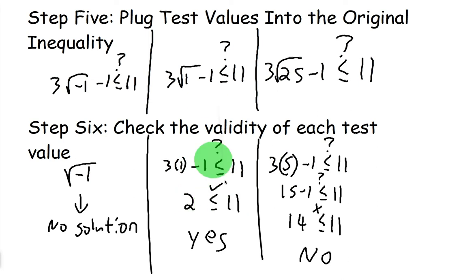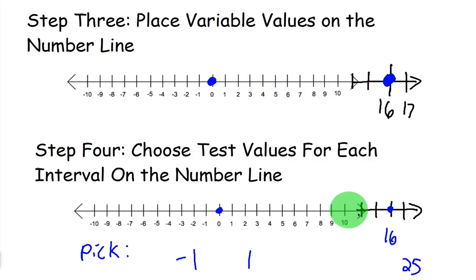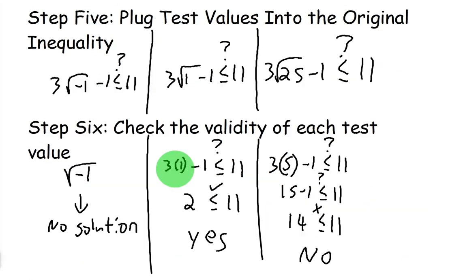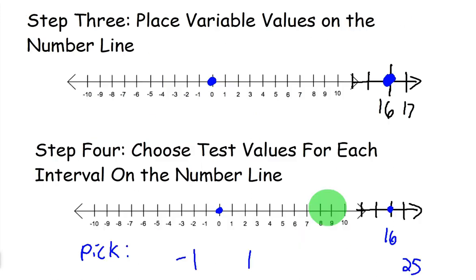So that test value will work, which means for this interval where 1 was my test value, I will shade that. And finally, when we plug in 25, we get square root of 25, which is 5. 3 times 5 is 15. 15 minus 1 is 14. 14 is not less than or equal to 11. So for this particular interval where I plugged in 25, I will not be shading that.